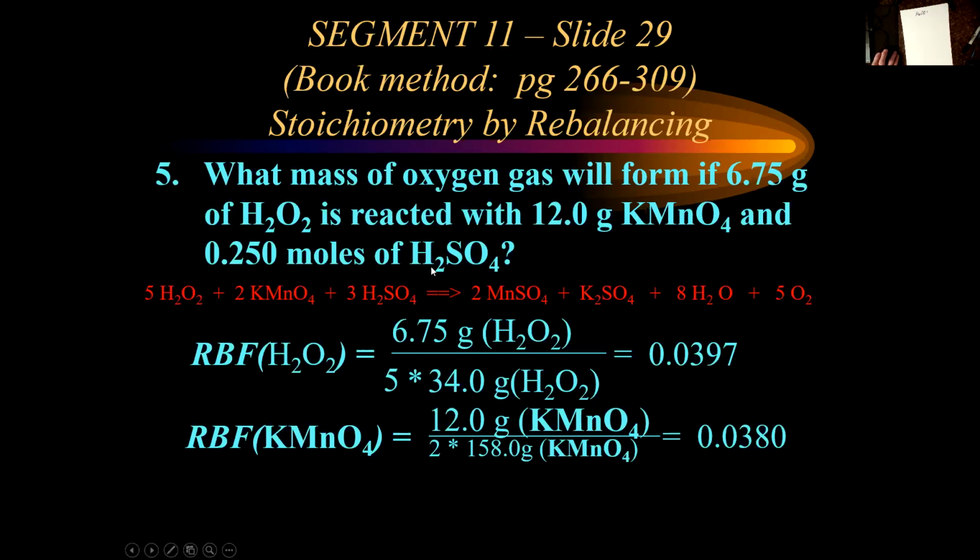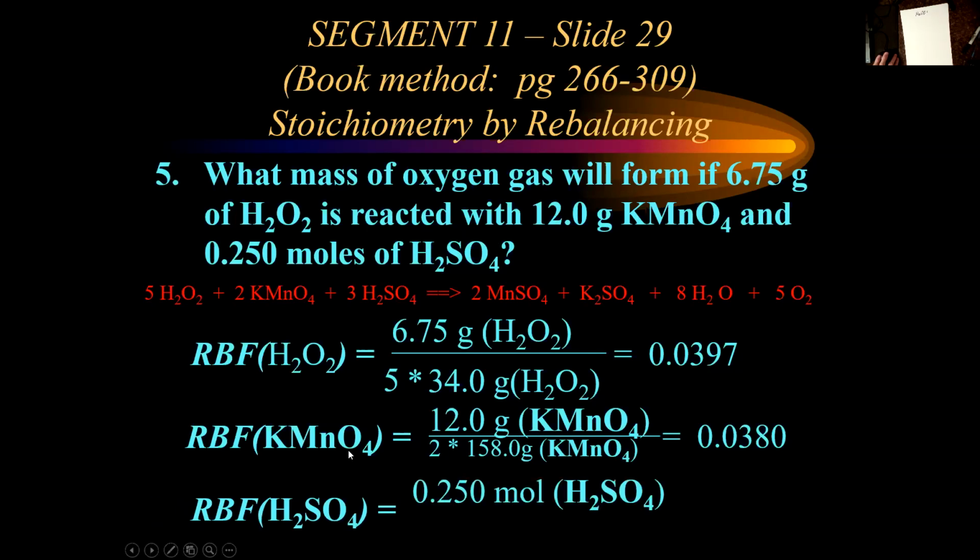But we got another rebalancing factor, and we had 0.25 moles of sulfuric acid. And the equation is showing how much sulfuric acid? 3 moles. Now, why didn't I put 3 times 98 as the molecular weight of this? Why didn't I put that there? Because this isn't grams. This is moles.